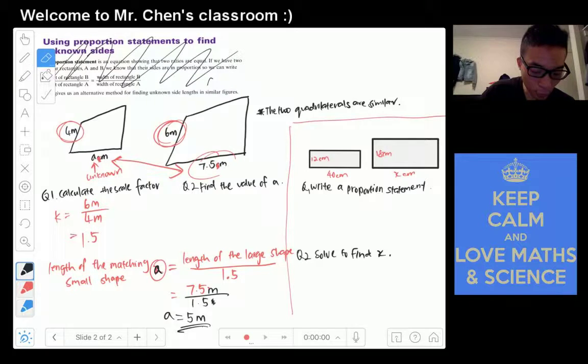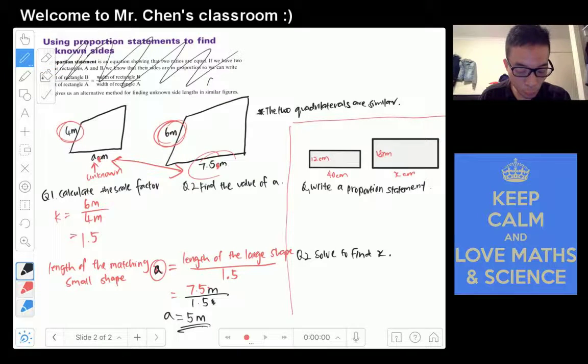So in proportion, we have a proportion equation so that the two ratios are equal. And if we have two similar rectangles, remember, the proportion statement only works on rectangles.